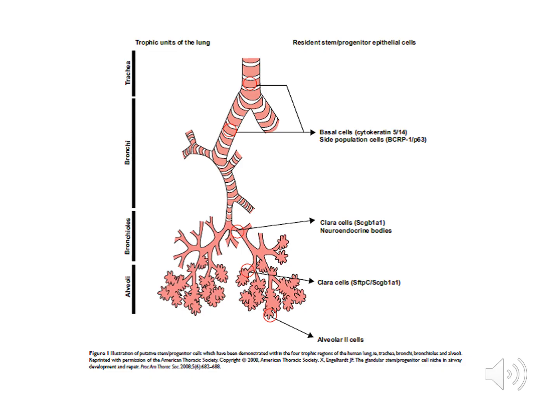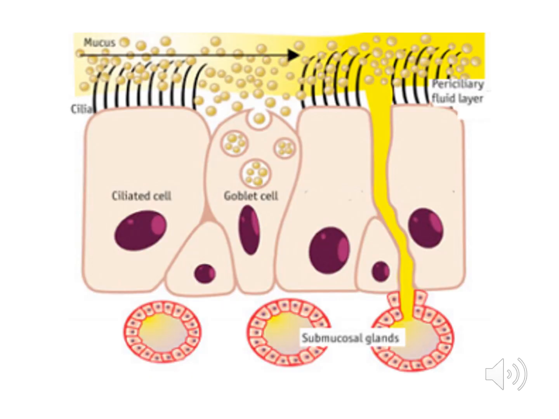The very inside layer of the conducting airways is the mucosa, and that's the layer that contains the cells that make mucus and the cilia. And you remember what the role of the mucus and the cilia is, right? The mucus is supposed to trap dust and foreign particles that you might have inhaled, and then the cilia sweep that mucus up towards your pharynx so you can either cough it up or swallow it.